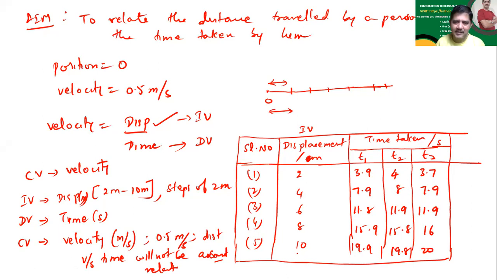Now, why do we get this kind of differences? The reason is because when I watched there and when I clicked on my mouse button, there is a small reaction time. That's what I want you people to focus on. Usually the reaction time is around 0.1 second. Okay, so that's what we have got here also. Sometimes for lazy people like me, it could be 0.3 seconds also, right?